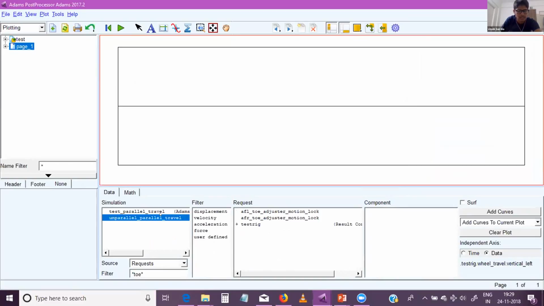So first, let's see the unparallel links. One good thing about Adams is that these things that you're seeing over here, the requests as they're called, are pre-made in Adams. So you don't have to make requests for basic things like toe, caster, camber. All these are already there, and you can easily use them.